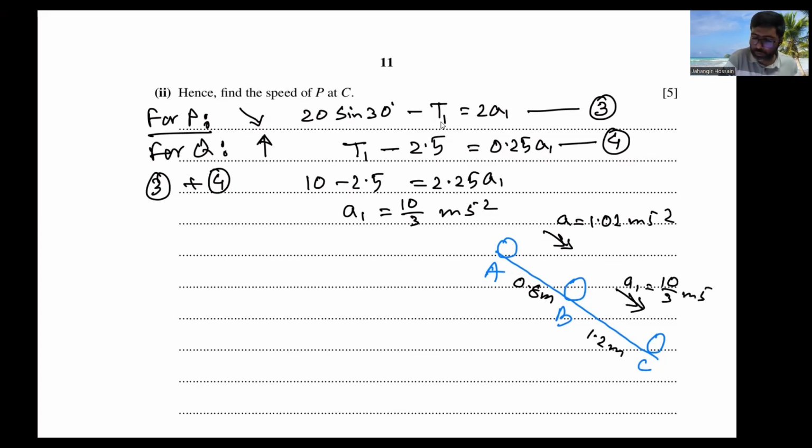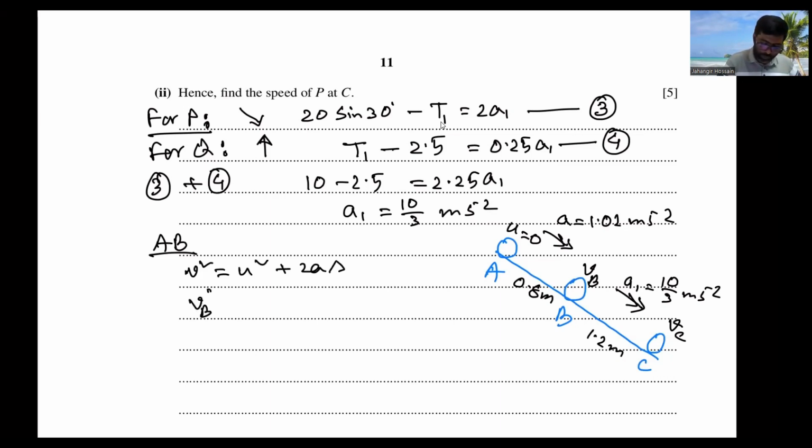Now we have to find the speed at C, let's call it VC. Then you need to find VB first, and it starts from A, from rest. So you cannot find the speed at C directly. First, you need to find the speed at B. For AB, we apply v squared equals u squared plus 2as.